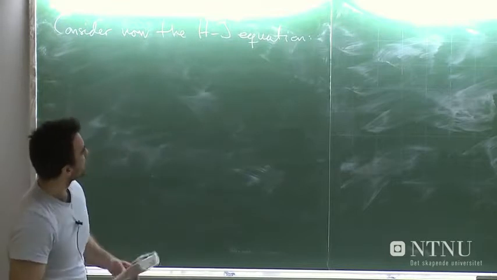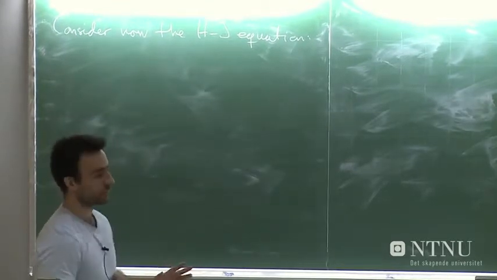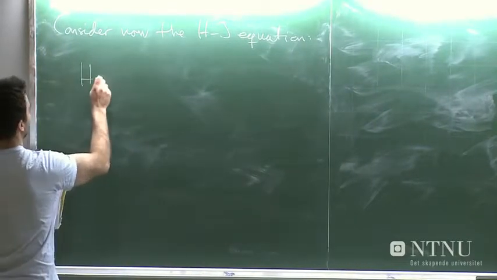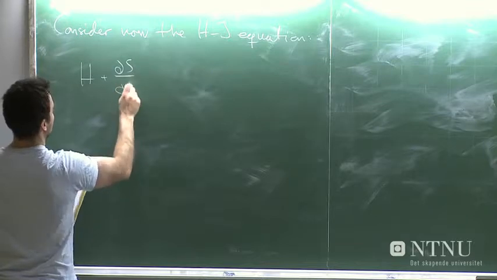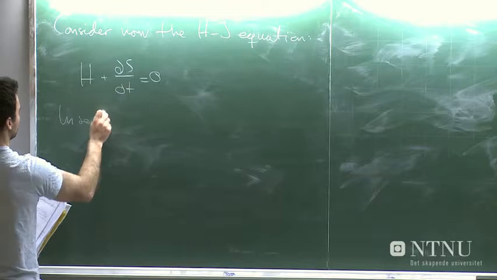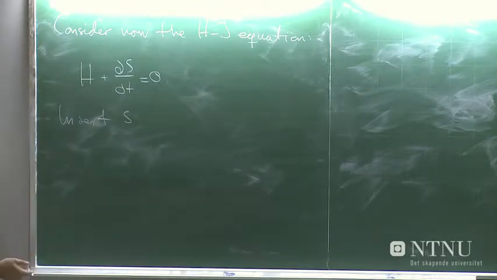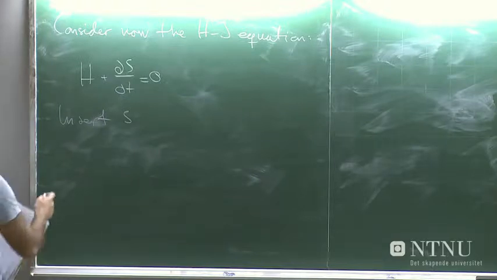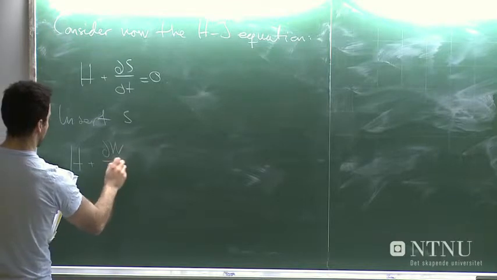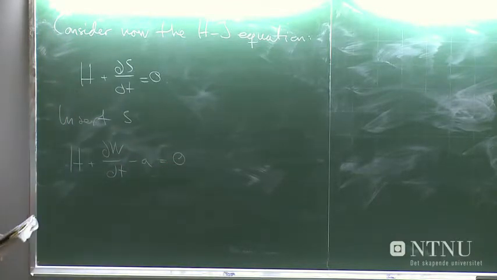We start out by the first step in our general solution strategy, namely to consider the Hamilton Jacobi equation. And we now insert our ansatz for S, giving us this.